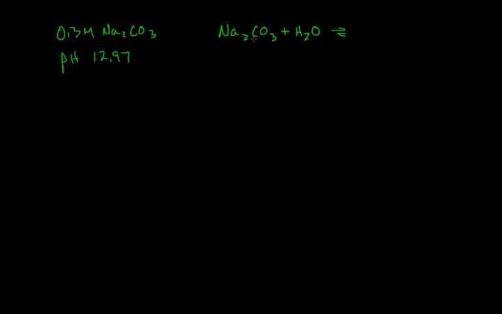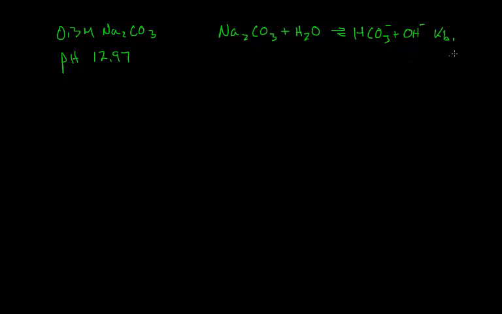So this is a base. This would be our conjugate base of bicarbonate. So CO3 2 minus plus water gives HCO3 minus plus OH minus. And this would correspond to Kb1, the first Kb.